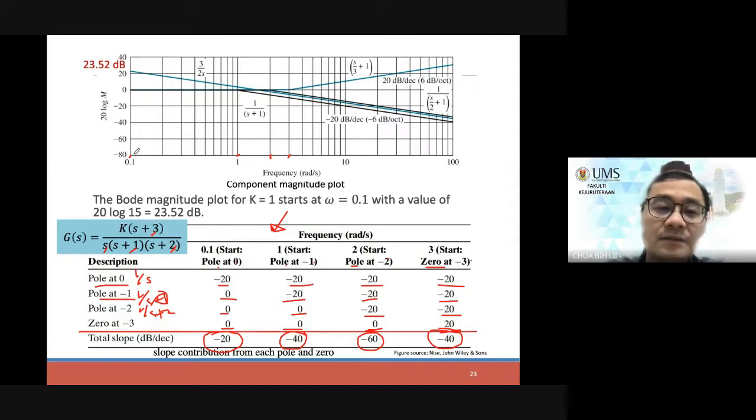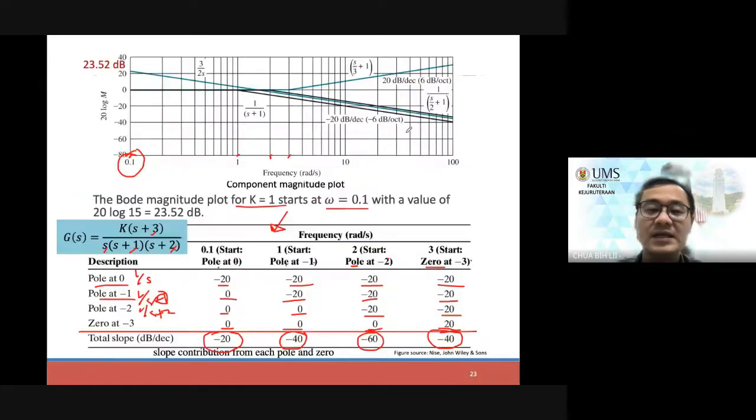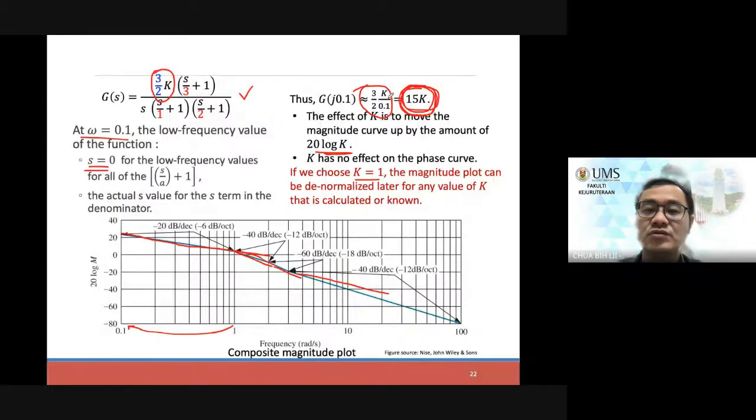Since our plot starts from 0.1, we use k equals 1 and frequency 0.1 and put it into our calculations, and you will get 20 log 15. Remember, we assume k equals 1.